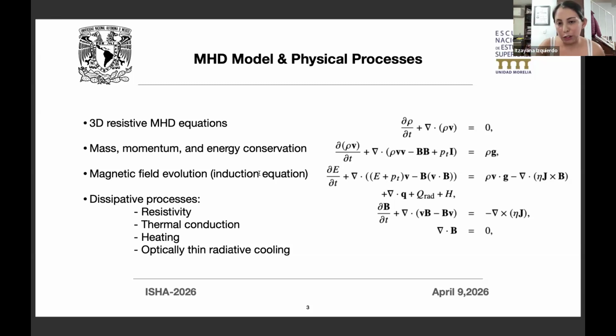You can see the system of equations on the right-hand side of the slide, and we focus on the energy conservation because it's here where we introduce the dissipative processes like resistivity, thermal conductivity, coronal heating, and optically thin radiative cooling.